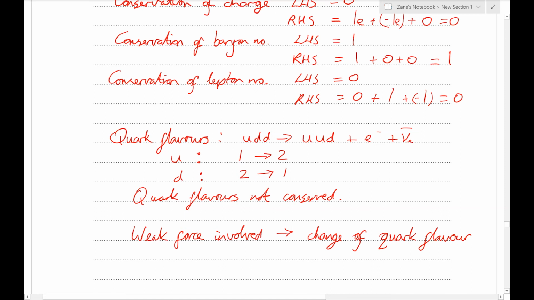Clearly here what's happened is that a down quark has changed into an up quark. We started with 1 up and we ended up with 2. We started with 2 downs and ended up with 1. So the first sign that we've got that this is the weak interaction is the change of quark flavor, and also the presence of neutrinos. Always a good sign. Whether it's a neutrino or an antineutrino doesn't matter. If we see neutrinos, then we know that it's the weak interaction.